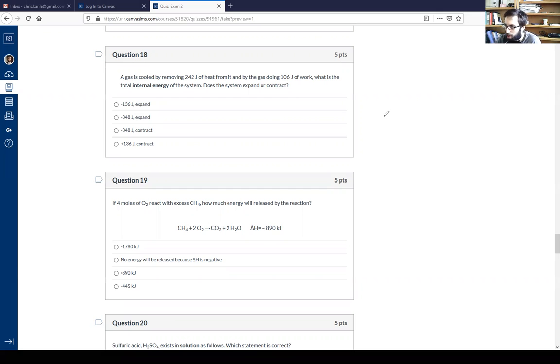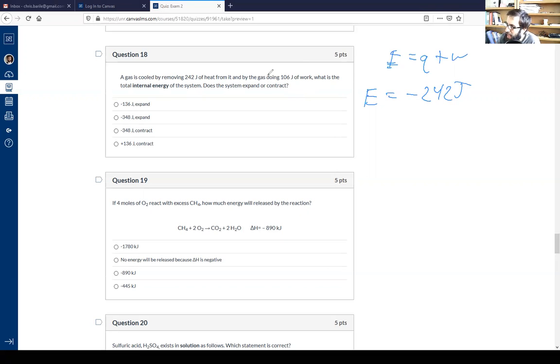Well, we're going to use the formula given to us here that the energy is Q plus W. And now it just becomes an issue of signage. Is it negative or positive for both of these? Well, it's cooled. Heat is removed from the system. So remember, it's always from the system's perspective. So if it's from the system's perspective, that's removing it. So it's going to be a negative.